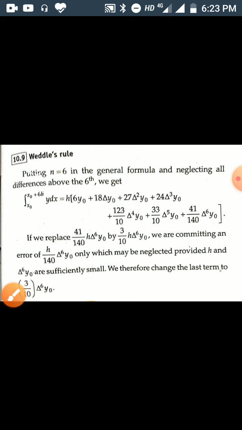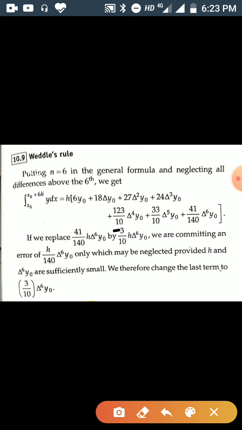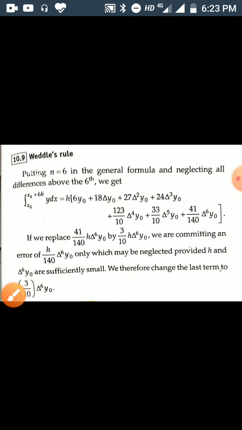Now here we can see that the denominators are 123 by 10, 33 by 10, but here we will get 41 by 140. So if we replace 41 by 140 h delta 6 y0 by 3 by 10 h delta 6 y0, we are committing an error of h by 140 delta 6 y0 only, which may be neglected provided h and delta 6 y0 are sufficiently small.